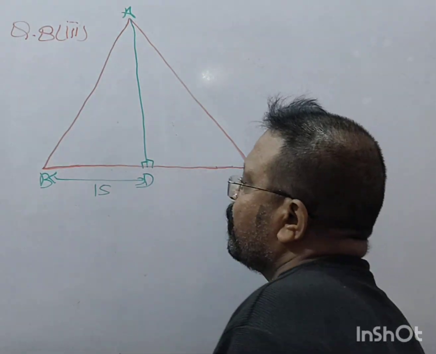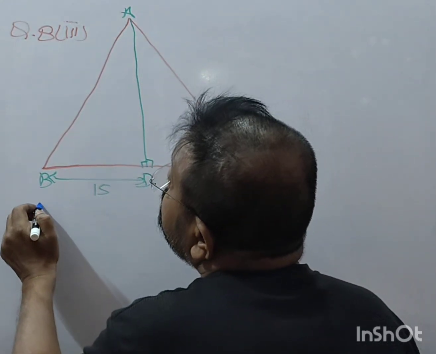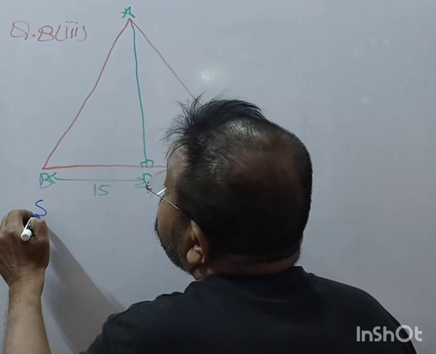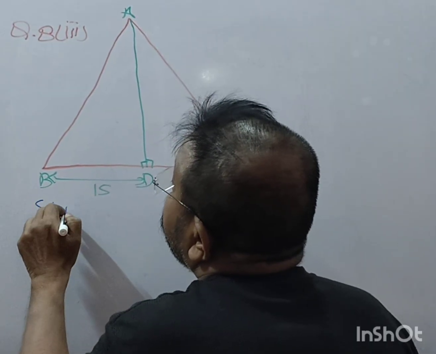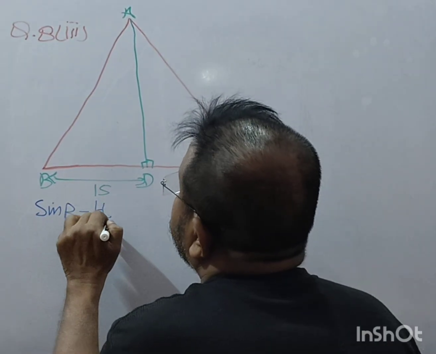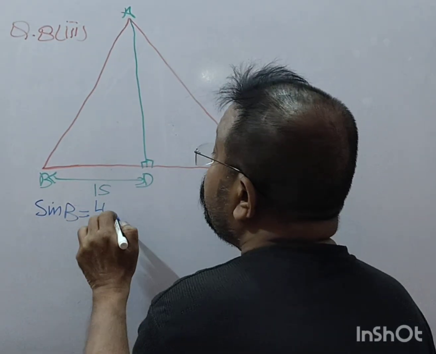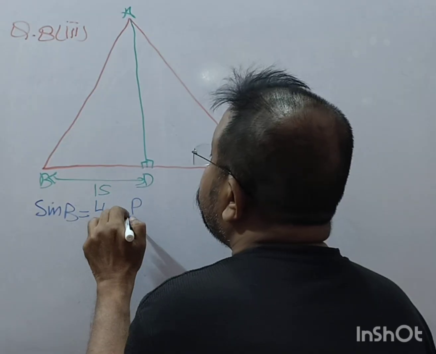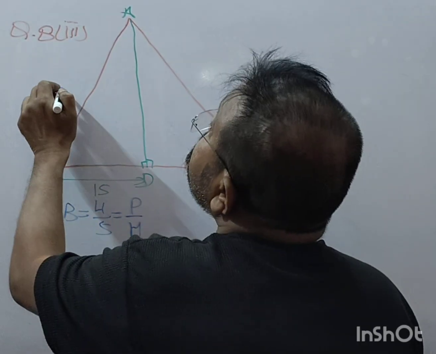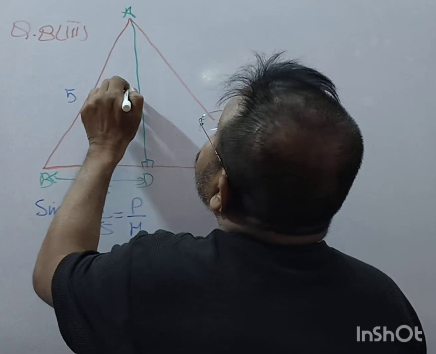Means what you said? Sin B is equal to 4 by 5. Right? 4 by 5 means P by H. It means this is 5, this is 4.